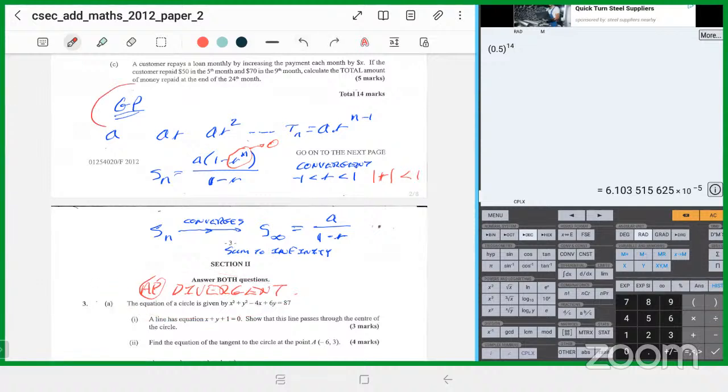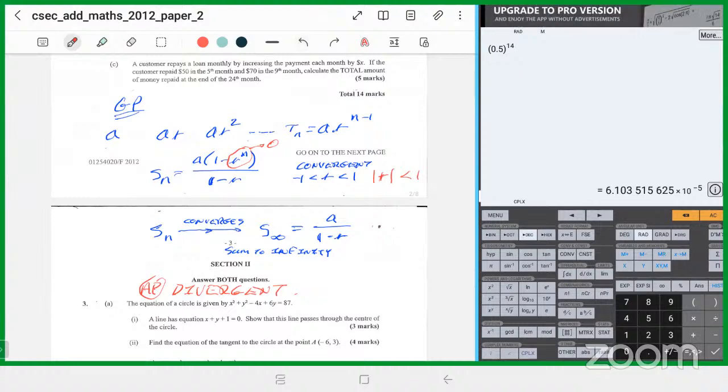But a GP can be divergent, and it can be convergent as well. If R, for example, equals 5, then the GP becomes divergent. The sum is not approaching any one value. The sum actually goes towards infinity itself. But when R is a fraction, this term becomes 0, and the sum tends towards this value. That's something you have to know.